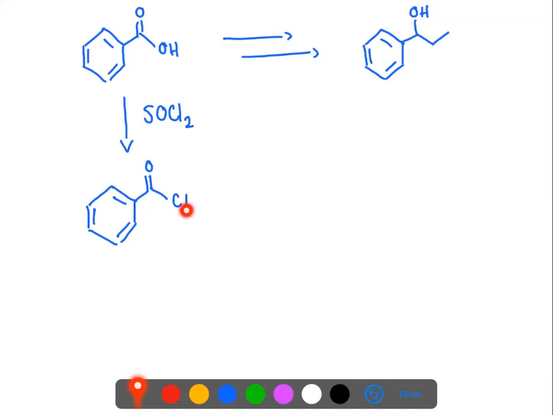And so if we want to extend the amount of carbon in this particular side chain from 1 carbon to 3 carbons, we would like to introduce a 2-carbon nucleophile at this point. So we can use our Gilman reagent, our lithium diethyl cuprate, to give us the corresponding ketone.